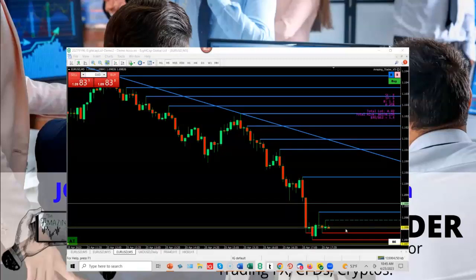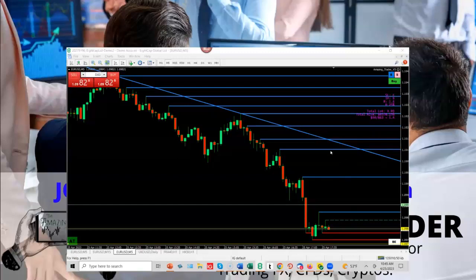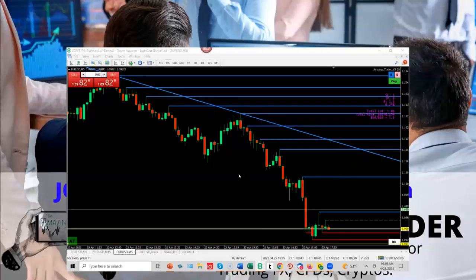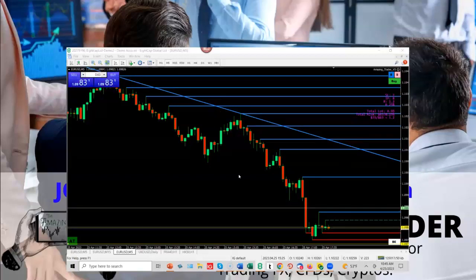Okay, here we got our directional indicator again, which is so tempting to try to buy.